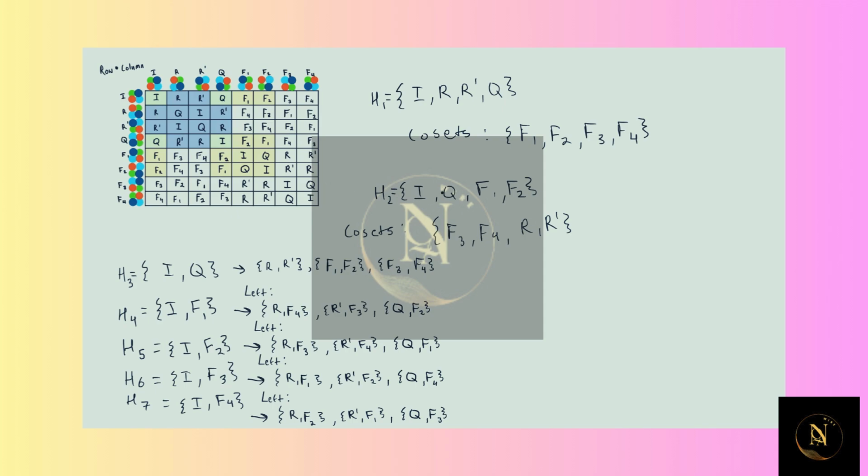Here, these are the only other elements that aren't in this subgroup. For each one, if you left or right multiply, if we look at the table, this is the result we get for each one.